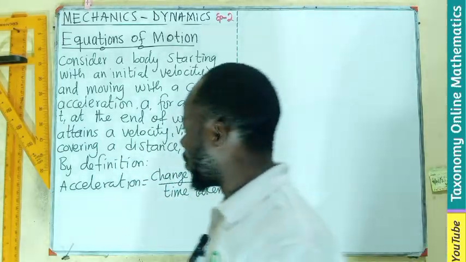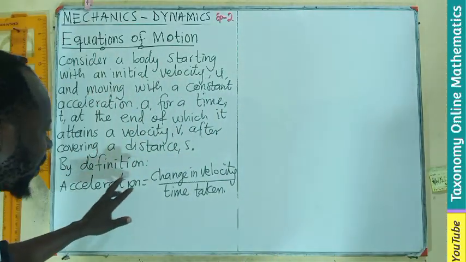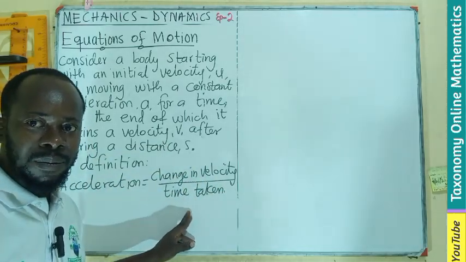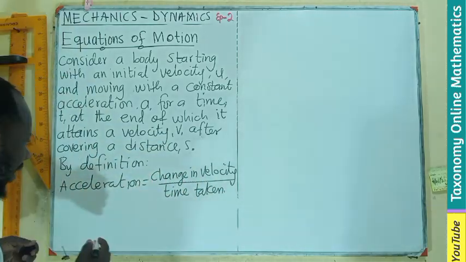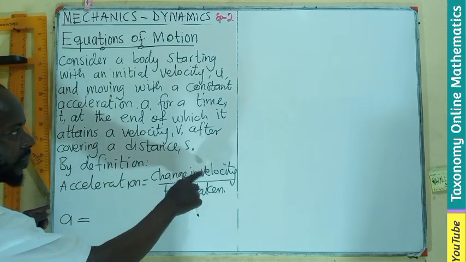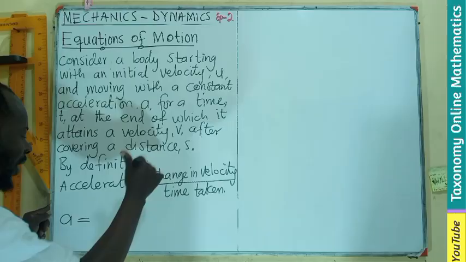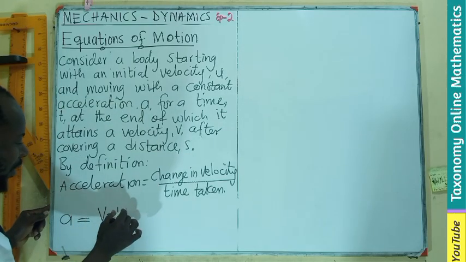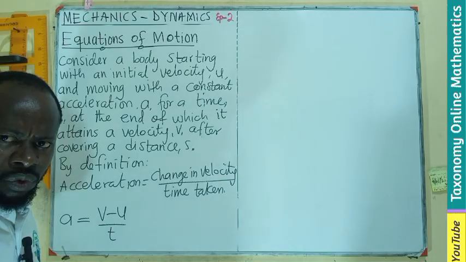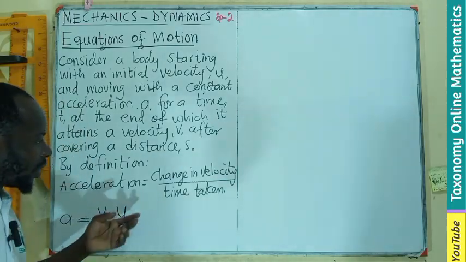So by definition, we can say that acceleration is the change in velocity over time taken. So picking it from here, we can say that our acceleration, a, is equal to the change in the velocity between final and initial, which will be v minus u, out of the time taken.